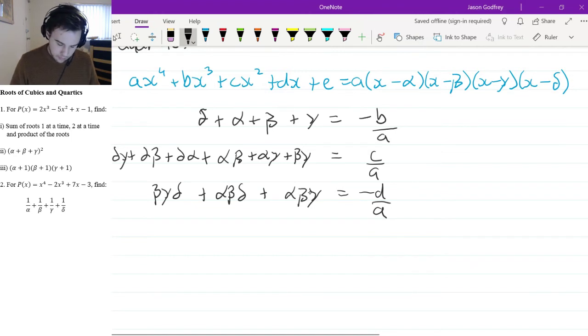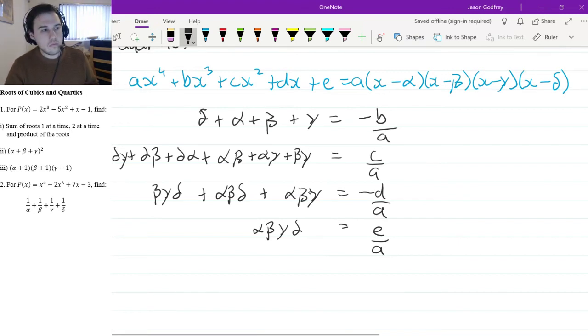So then finally the product of the roots will be all 4 of them multiplied together for a quartic, alpha, beta, gamma, delta. And if you look at this pattern going down, you've got B, C, D. What's the next letter? E. They're all over A, over A, over A, over A. And also notice they're changing negative, positive, negative, positive. Right?